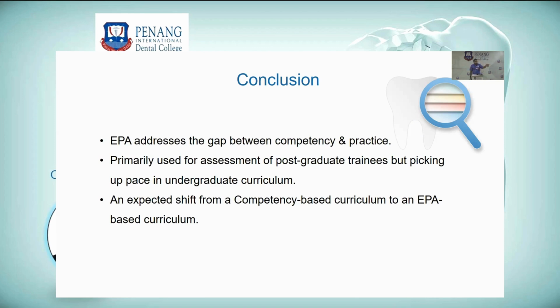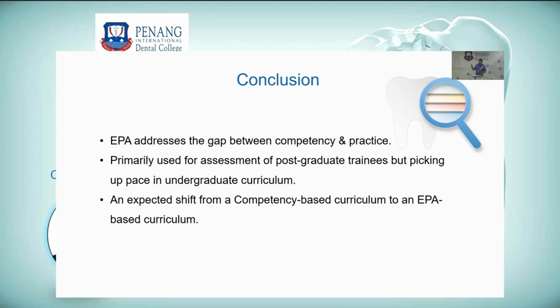And people have started talking of a shift from a competency-based curriculum to an EPA-based curriculum. So in the future, this is incoming, right? In that EPA curriculum, we will not have any competencies anymore. It will be all EPAs. So how they're doing it in the West and Europe is that during your graduation, they say there are some 25 EPAs that you must complete satisfactorily.